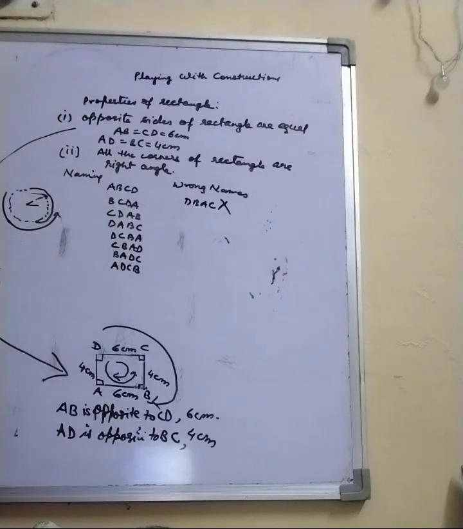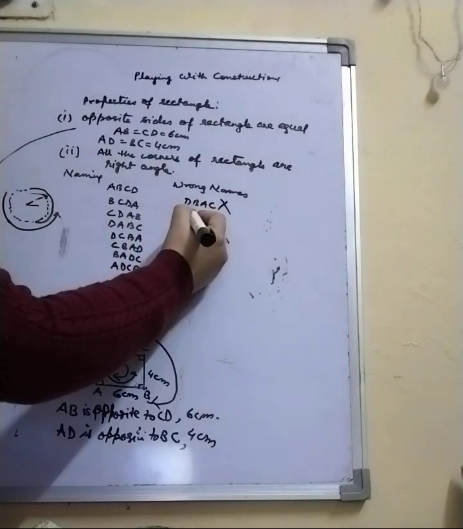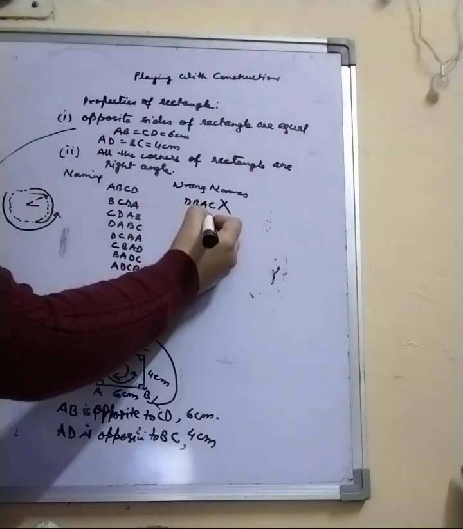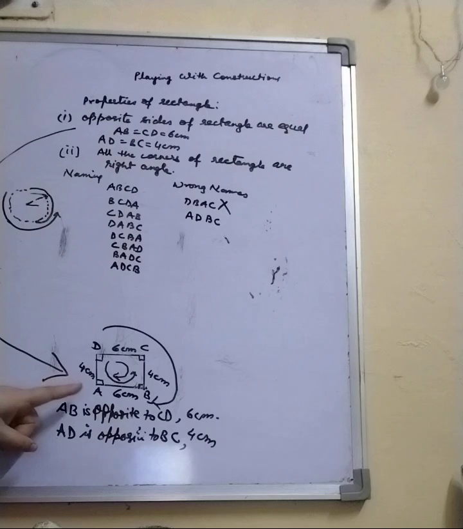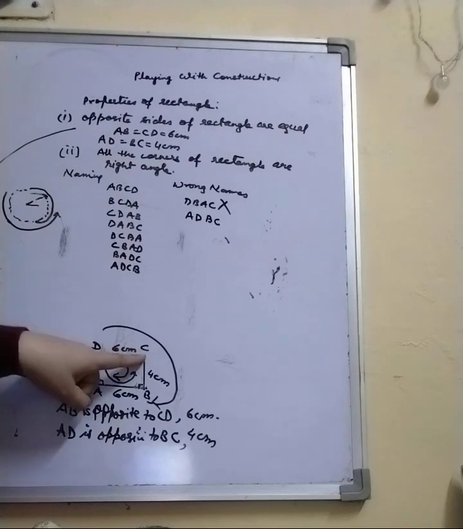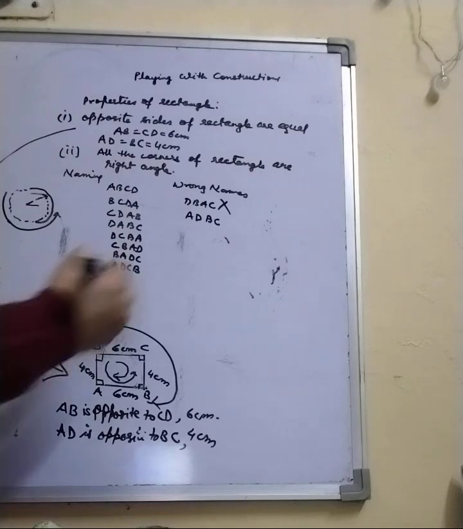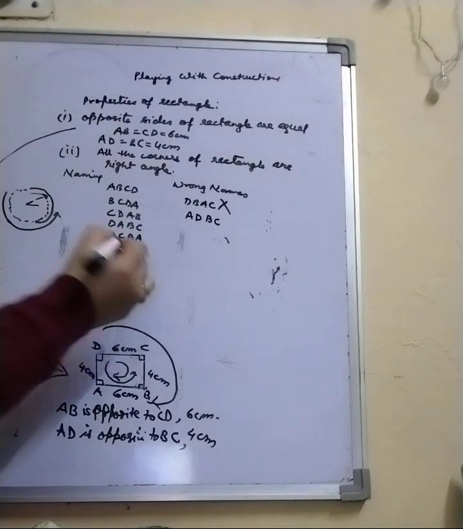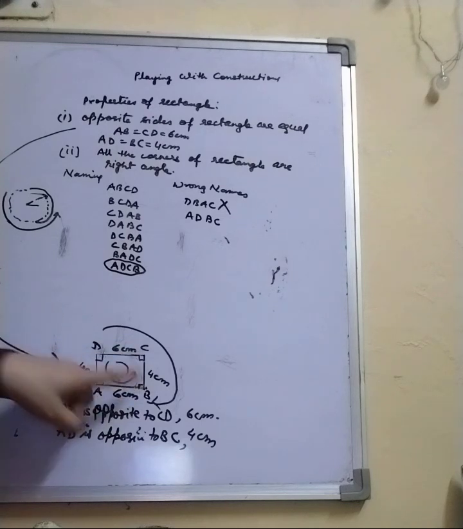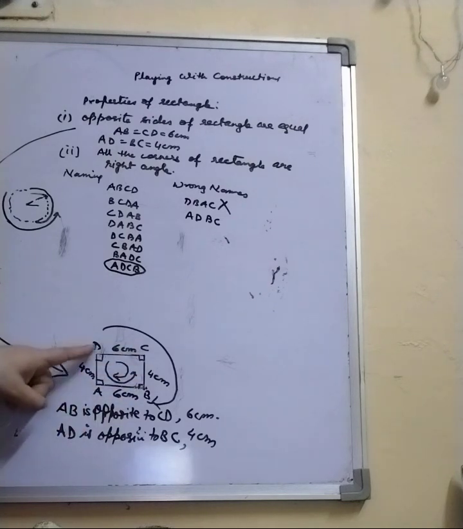So you can name like this. Then ADBC, this is also wrong. See, ADCB is correct. This I have written here. ADCB is correct. But ADBC is not correct.